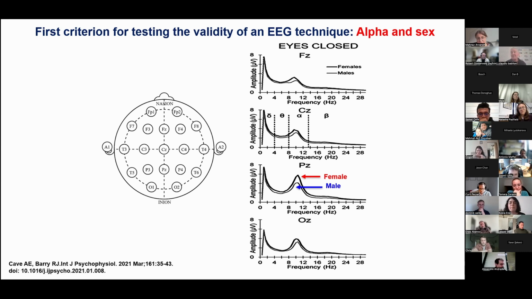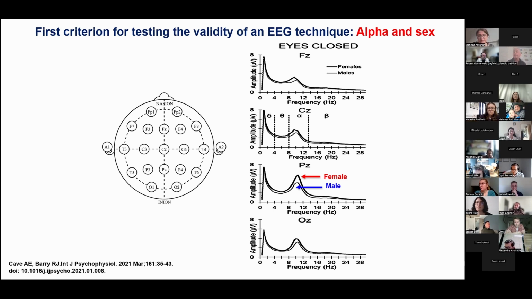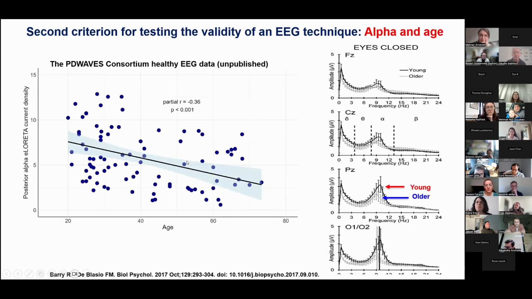So the idea is that if you have a good option with your EEG technique to remove artifacts, to compute the power density spectrum, if you are able to disentangle aperiodic and periodic components, you can obtain a very clear difference in the power density in the alpha frequency between females and males of the 100 datasets.